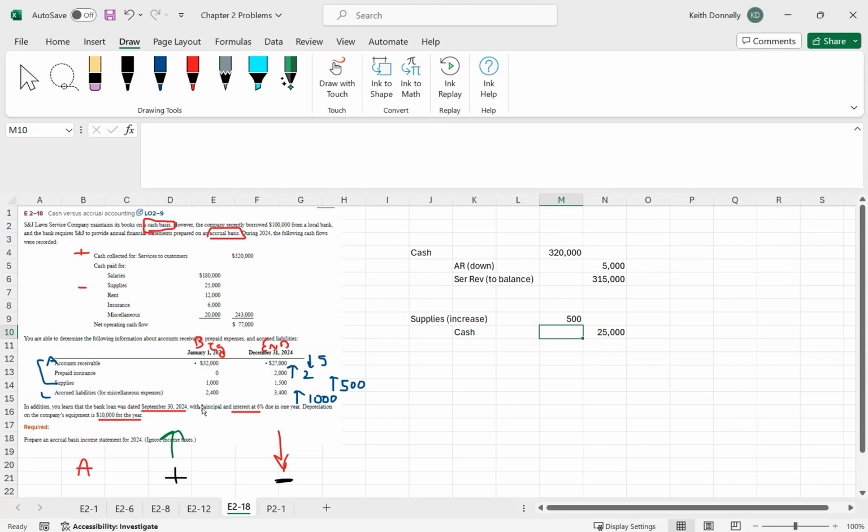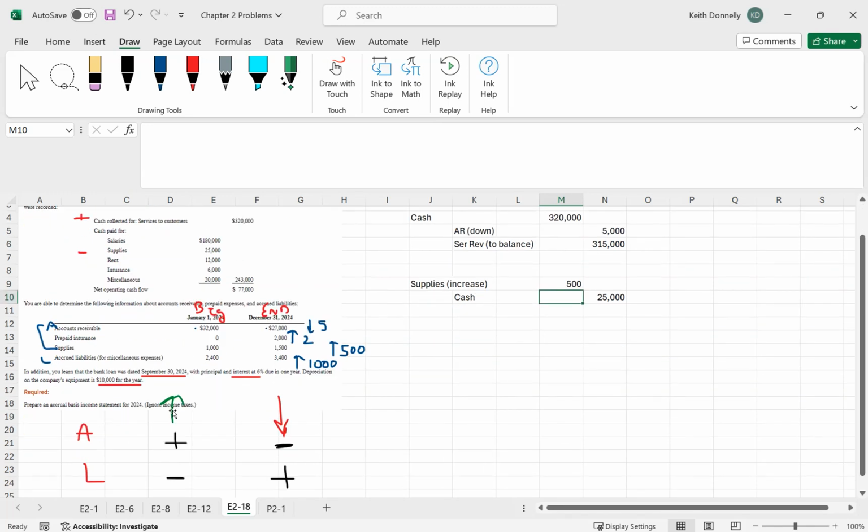We're looking at supplies, cash paid. If we follow our rule, we have an asset that went up, from 1,000 to 1,500. Then that means our supplies expense, to get it to balance, needs to be 24.5, right? So what happens here is you have to back into it. Yes, 24.5 plus the 500 gets us the 25,000.